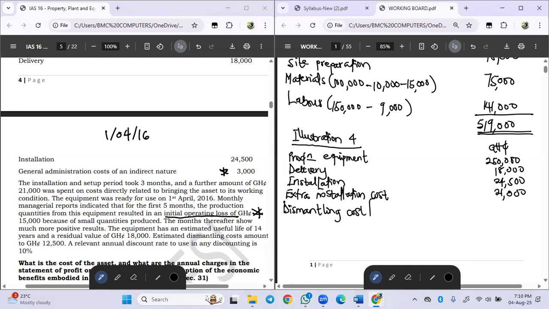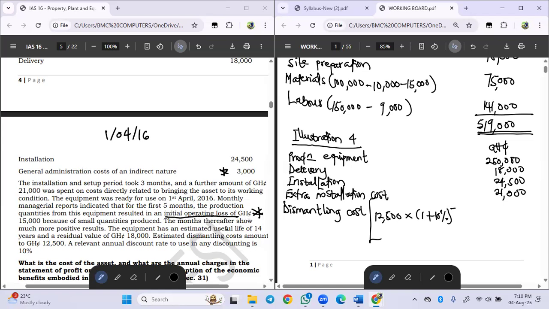So this is how you are going to calculate it. Okay. Now, the future value is what? 12,500 times the discounting factor. How do you do that? Okay. You let me do the simple one. Just do 1 plus 10% raised to the power negative 10.